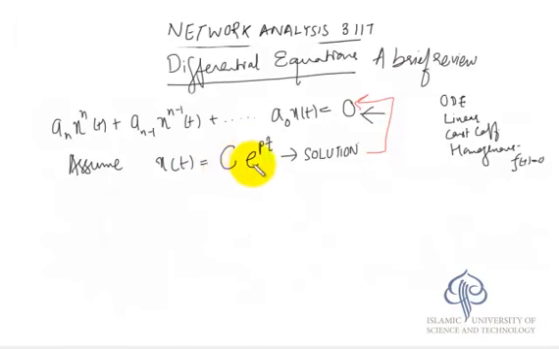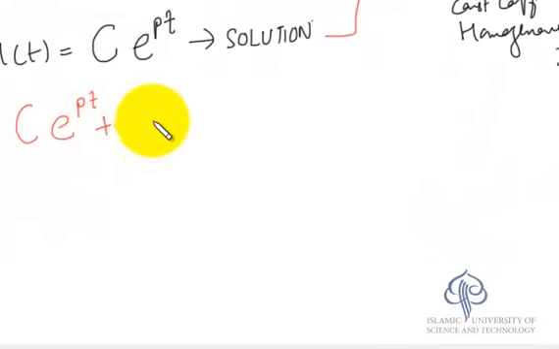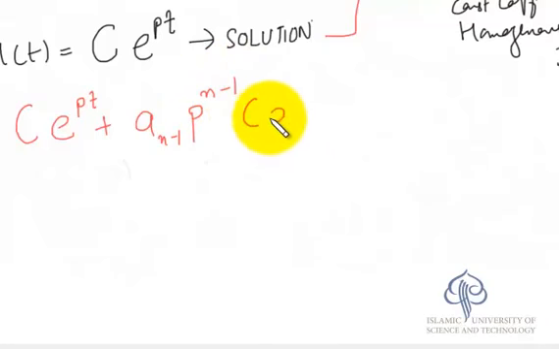If you differentiate it twice, you'll get a p square outside, this x(t) will stay in. So if you substitute this whole thing inside the left hand side, you'll get something like this. a_n, the nth derivative of this is going to be p to the power n, right? And again you'll have c e to the power pt plus a_(n-1). Then again the (n-1)th differential is going to be this. This will continue till you get a_0.